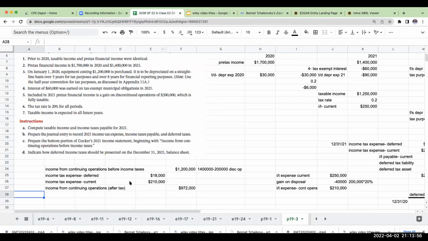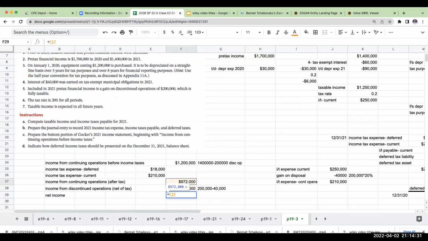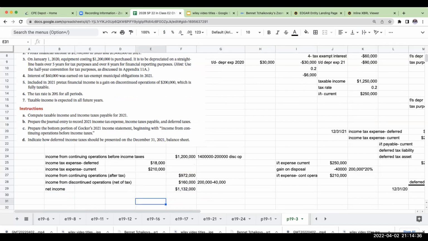So income from discontinued operations net of tax is going to be 200,000 minus 40,000, or 160,000. So the total amount of my net income is going to be the 972 plus the income from discontinued operations, or 1,132,000.